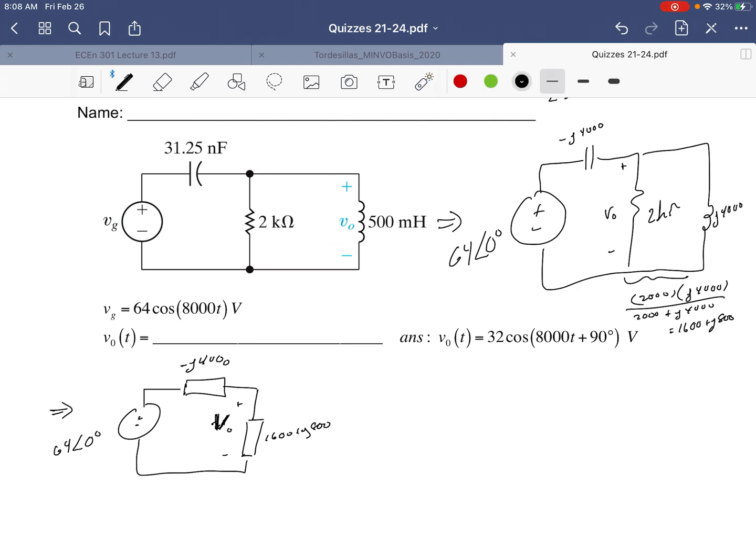All right, so voltage divider says that V0 is going to be the 64 phase of 0 degrees. And then I'm going to do my voltage divider. I'm going to have my 1600 plus J800 divided by 1600 plus J800 minus J4000. Okay, and let's see. I'm going to come back here.